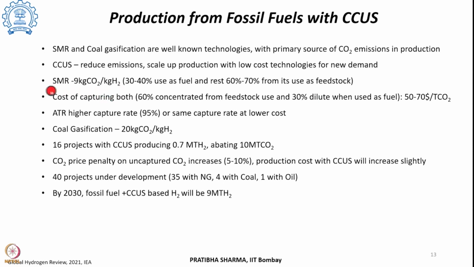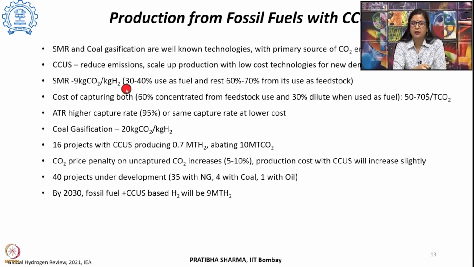We have seen in detail that the emissions are taking place on both the ends, when it is used as fuel, burning in the burners and providing the reaction heat. So, 30 to 40% of these emissions occur when it is being used as fuel. Rest of the emission, 60 to 70%, comes when it is used as feedstock.